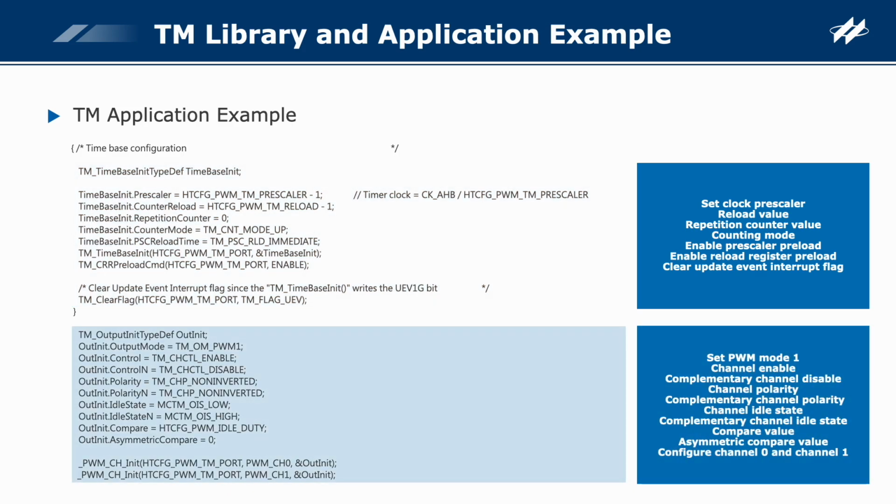Next, configure the TM output channel. Set the PWM mode 1, channel enable, complementary channel disable, channel polarity, complementary channel polarity, channel idle state, complementary channel idle state, compare value, and asymmetric compare value. Finally, configure channel 0 and channel 1 as the PWM output channels.